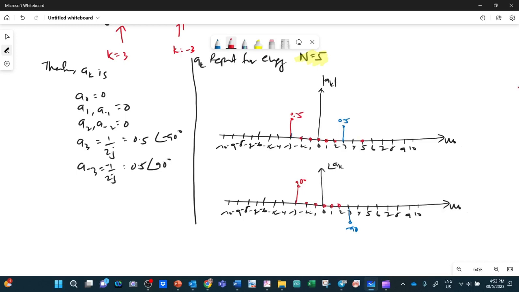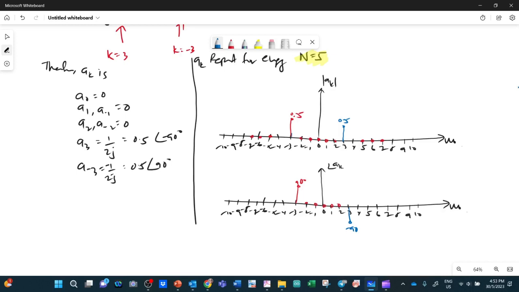This one repeats, so you have 6, 7, also 0. And if you go backward, you also have 0 at minus 5, minus 6, minus 7.